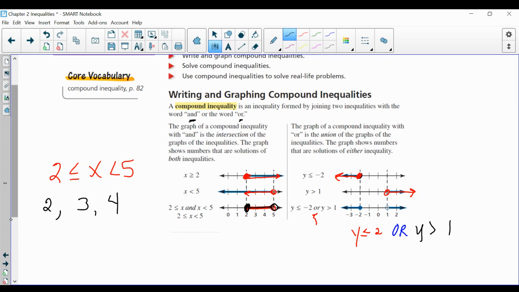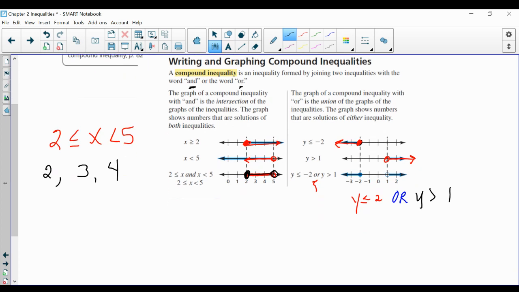So let me just step back over here to my "and." When I write my "and" inequality, right here I have my word "and," so I know it's an "and" inequality. Anytime you have the word "and," the graph is never going to look like this over here. The graph is always going to look to where it comes together.